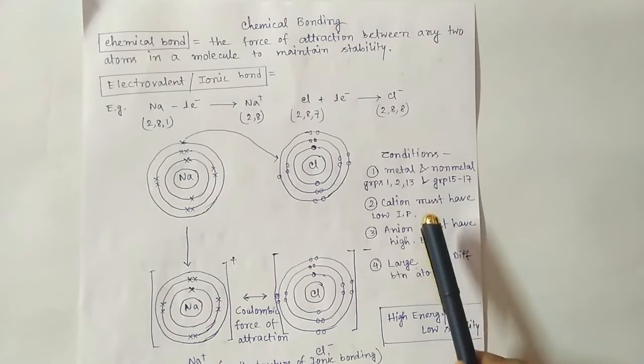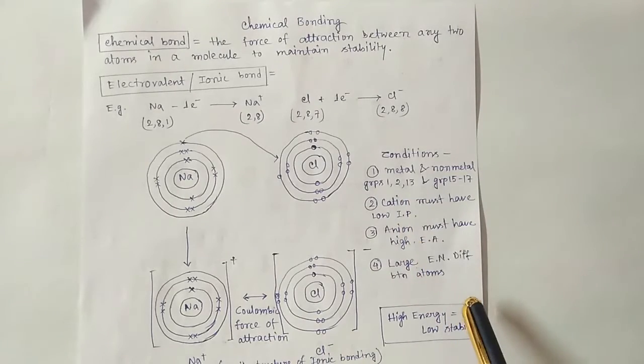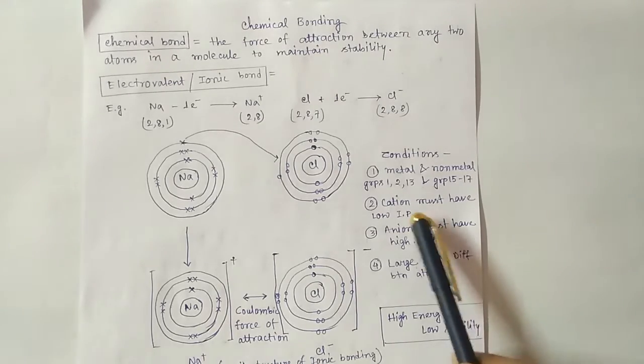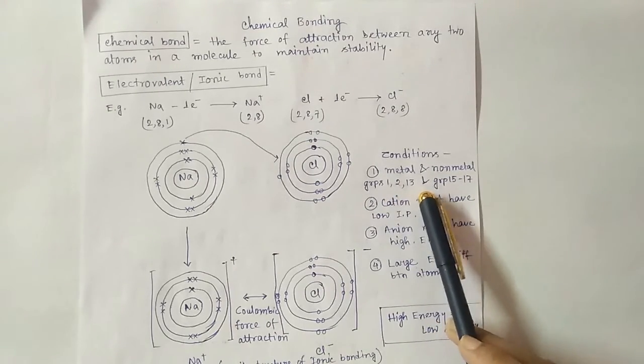Between them, groups 3 to 12 are transition metals. They act like metals somewhere, and like non-metals elsewhere, so we will not consider them. Only groups 1 to 13 will act as good metals.